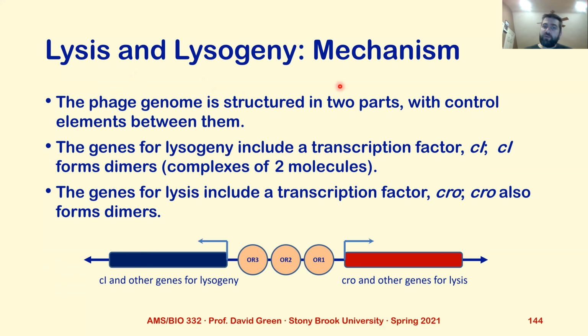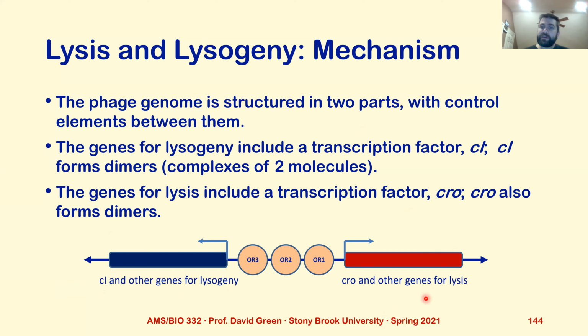Generally, the phage genome is structured by dividing it into two pieces with some control elements, that is, places where transcription factors can bind in the middle of them. And very roughly, one group involves genes required for lysogeny, the genes that promote the lysogenic state, and the other group contains genes that are responsible for propagating lysis, the lytic pathway.